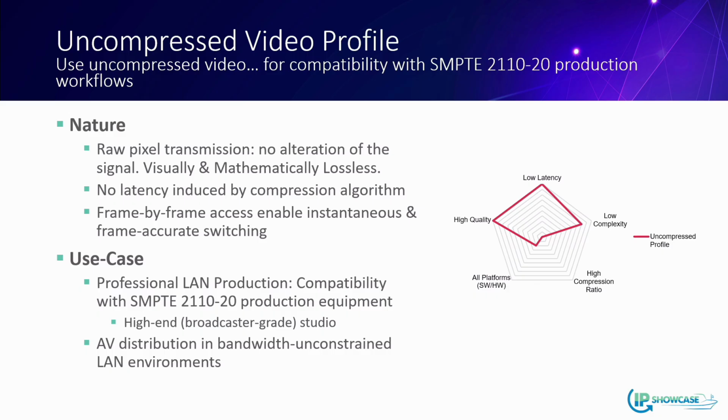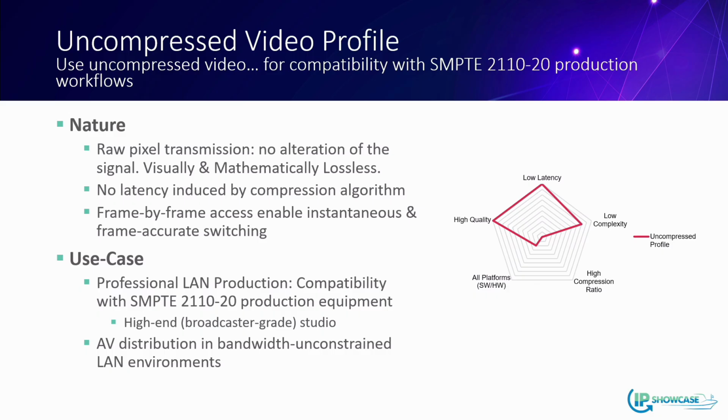In practice, you've got latency due to the capture and the rendering and the network infrastructure, but you have no latency due to the codec itself. And also, using this profile is great if you want to have frame accurate switching, because all of the information is contained within a specific frame, so you don't need to wait for a few frames before you can switch between streams, for example.